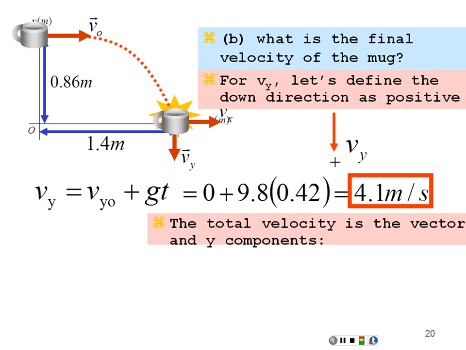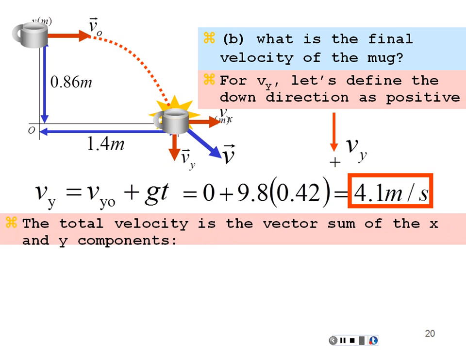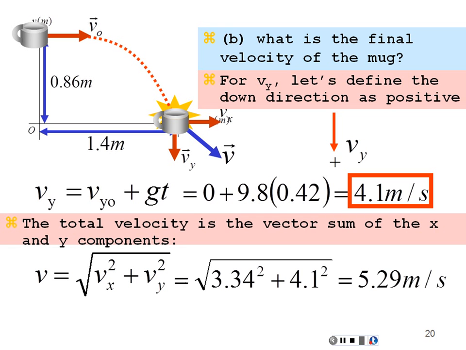Our x velocity is still the same, so the magnitude of our final velocity by the Pythagorean theorem will be these two components. Since they're perpendicular, it'll be the square root of our velocity x squared plus our velocity y squared. That is going to be the square root of 3.34 squared plus 4.1 squared. We're going to hit with a speed of 5.29 meters per second.